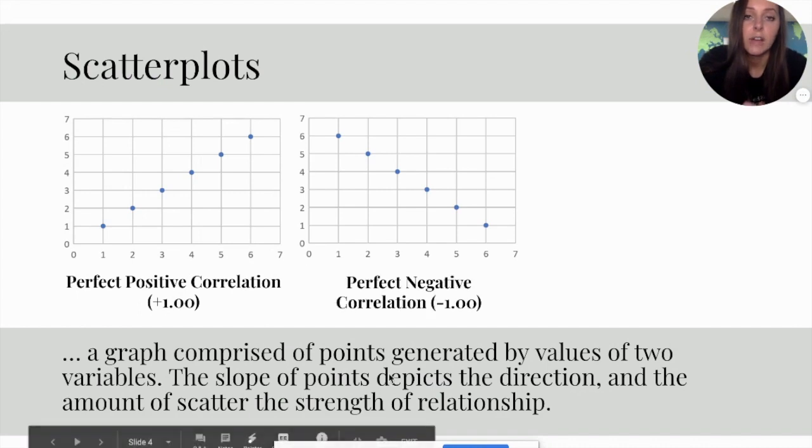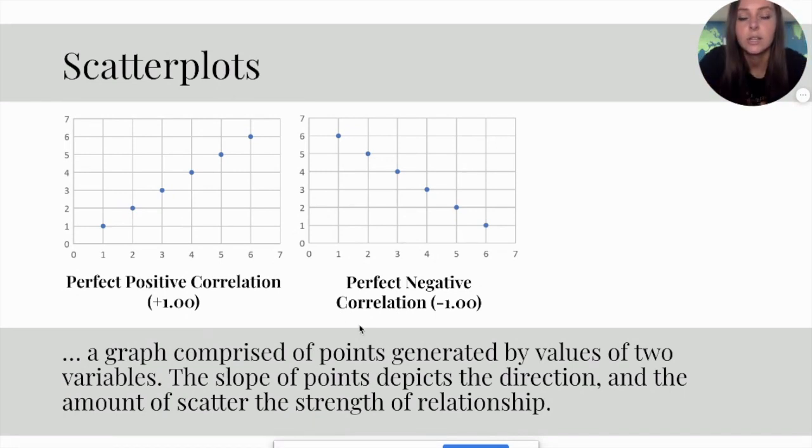Here is a picture of a negative correlation. Again, this would be perfect. You're never going to see a perfect correlation, but this is what your graph is most likely going to look like if you have a negative correlation, in the fact that the dots are going in a line, and you can see that the variables are moving in different directions.